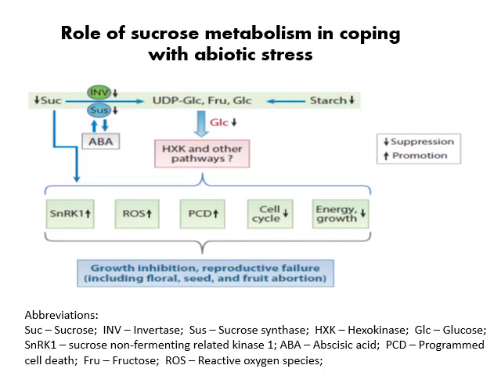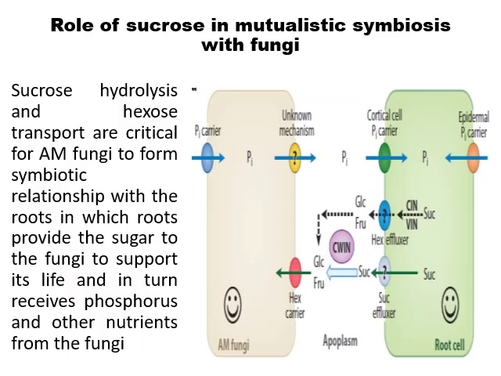Now coming on to the next role of sucrose in plants: it has a major role in establishing the mutualistic symbiotic relationship between some of the plant species and fungi. As we know, this symbiotic relationship is very helpful to both organisms, the plant and the fungi.